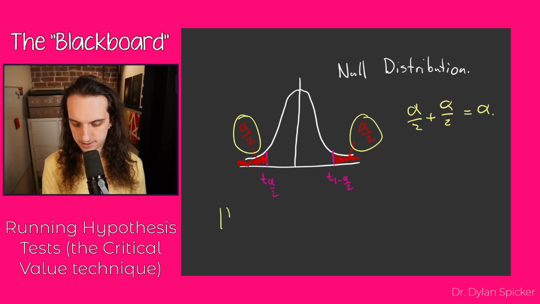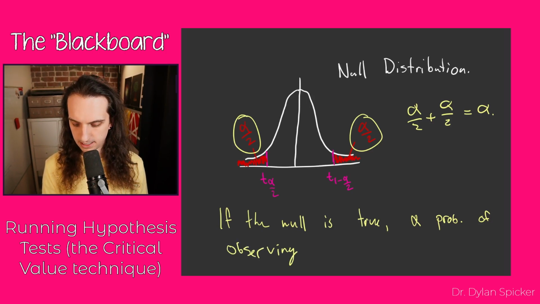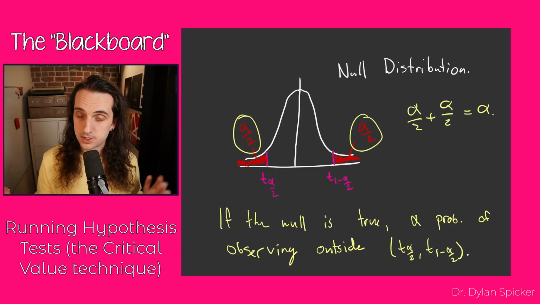So if the null hypothesis is true, then there's an alpha probability of observing anything outside our interval from t alpha over 2 to t 1 minus alpha over 2. Right? That's the probability that we observe something out there.